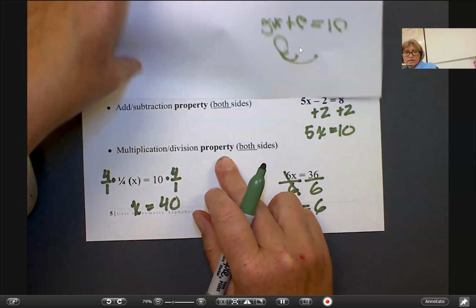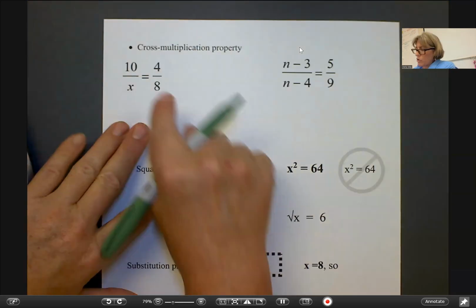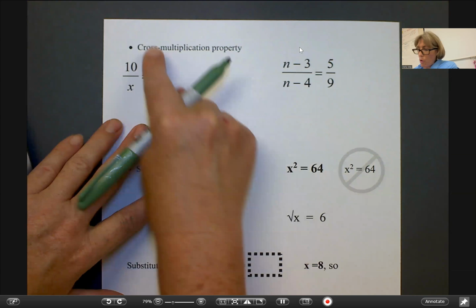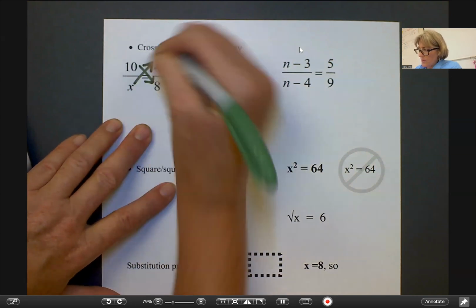You're still in your reference booklet. When I have two ratios forming a proportion, I can do this.